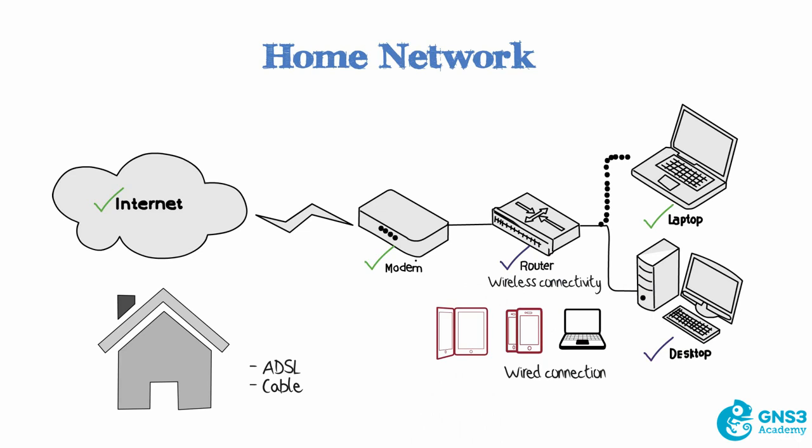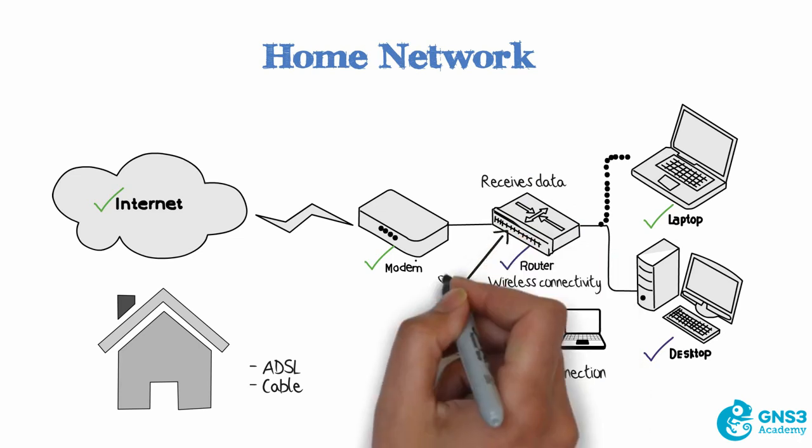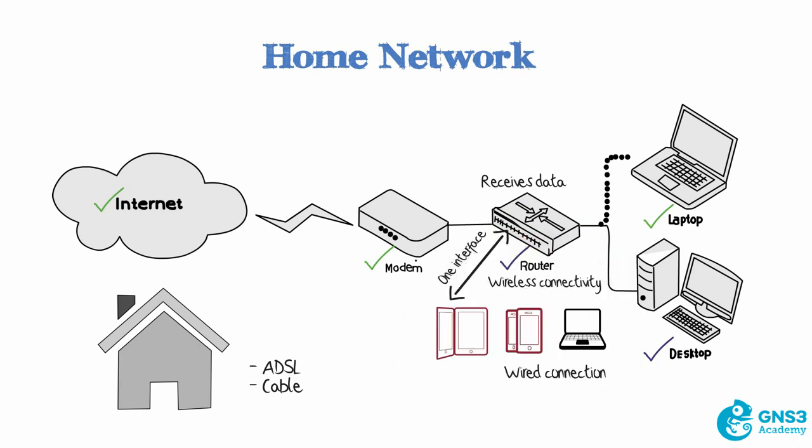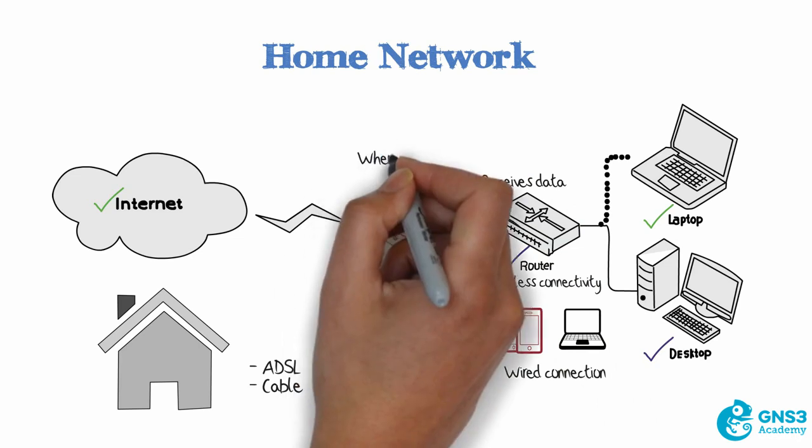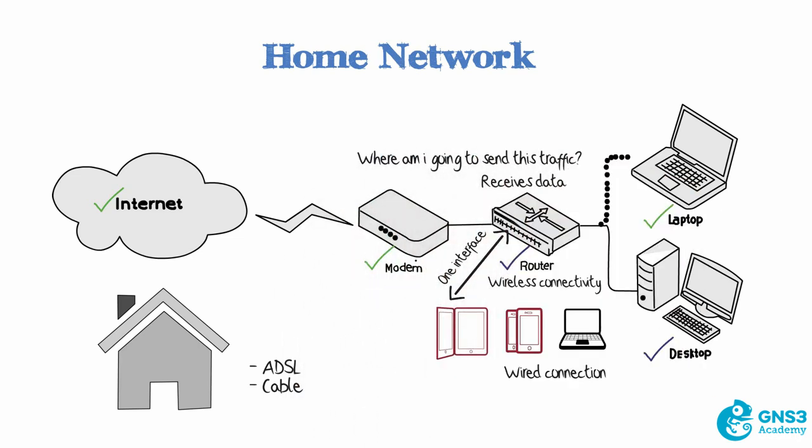Now, in its most simple terms, a router essentially receives data from a PC or an iPad and then determines where to forward it. So it may receive a message from your PC on one interface, and then it needs to make a decision. Where am I going to send this traffic or data?